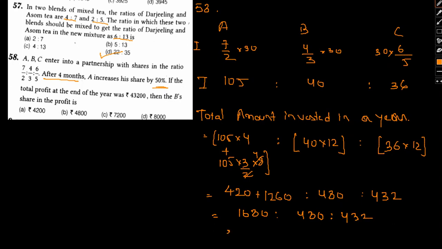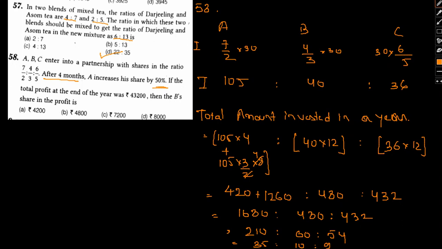Breaking it down further, it will come to 210 is to 60 is to 54, and we can go further with this being 35 is to 10 is to 9.